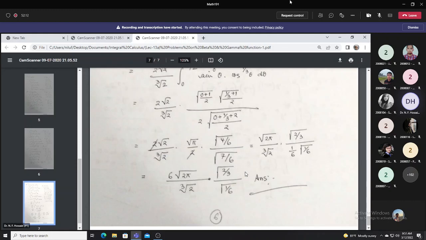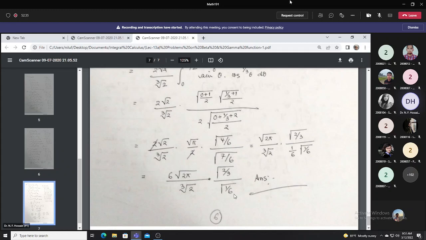You know there is a list for the values of gamma function and beta function. You know gamma half equals root over pi, but you do not know the exact value of gamma 2 by 3, gamma 1 by 6, etc. There is a list, just like the values of logarithm.